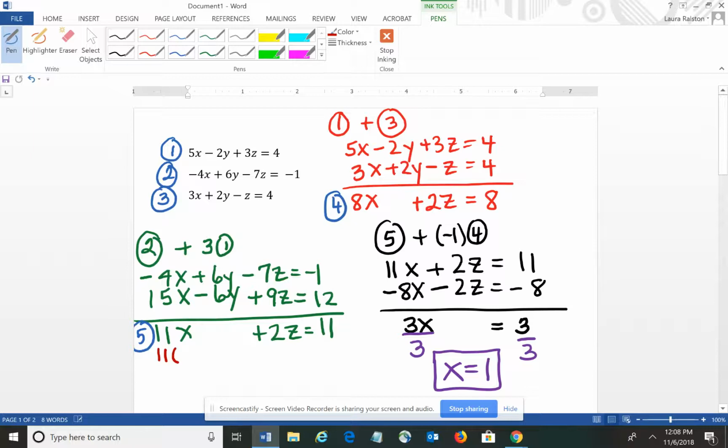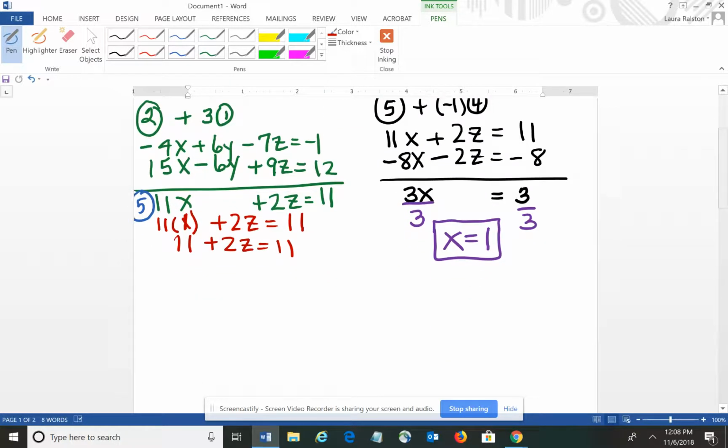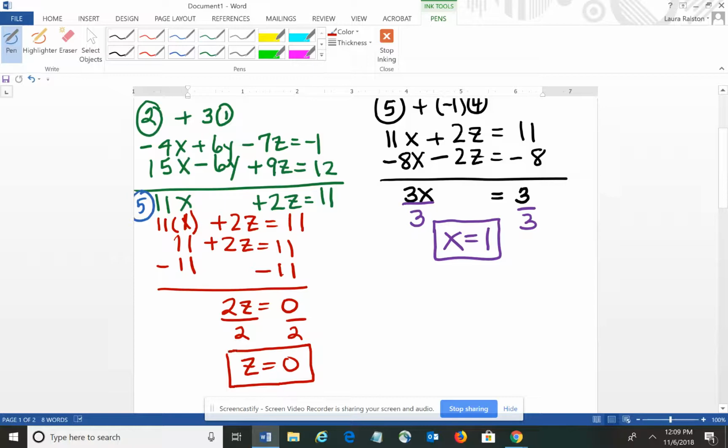So I would have 11 times 1 plus 2z equals 11. 11 plus 2z equals 11. Subtract 11 from either side. I have 2z equals 0. Divide by 2, divide by 2. So z is 0.